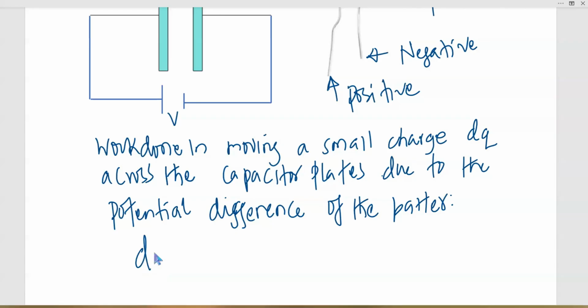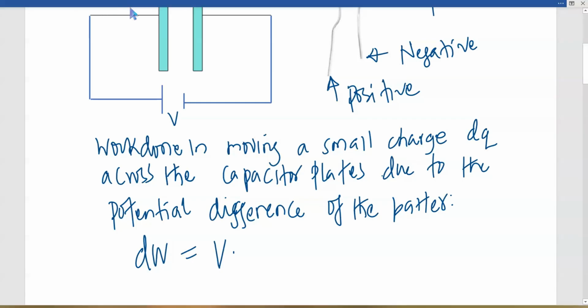So that small work done, let it be the W. It is going to be equivalent to V, which is the potential difference across the battery, times the charge moved. So let me write it in words so that you can always remember it.